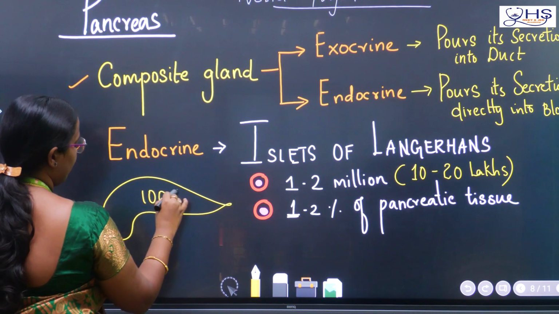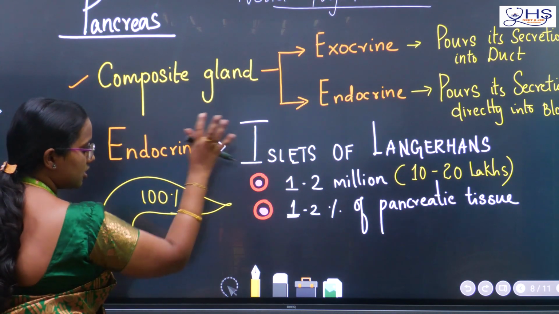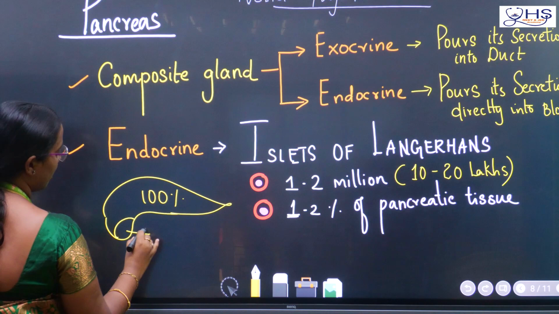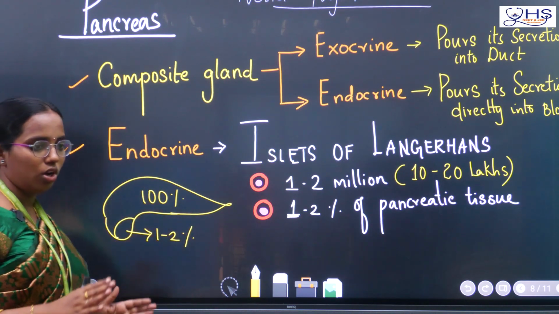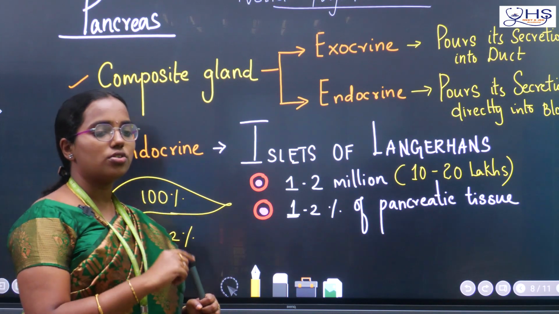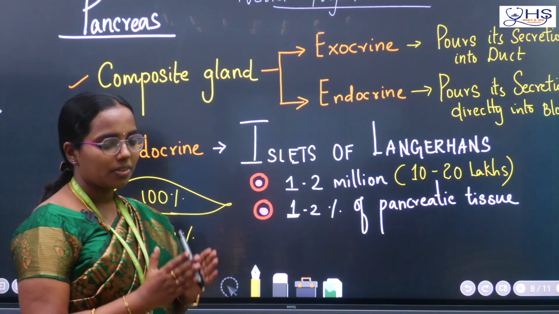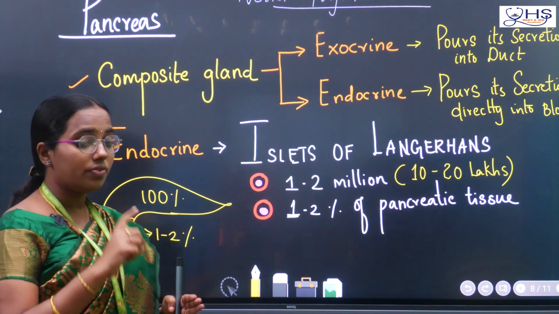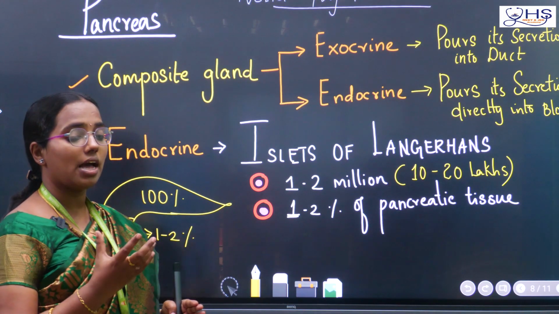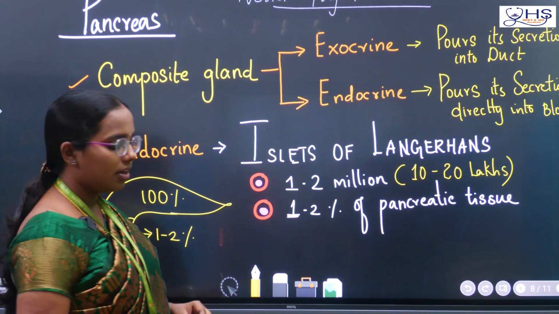Out of 100% of the pancreas, this endocrine part constitutes only 1 to 2% of the total volume. It's very less.